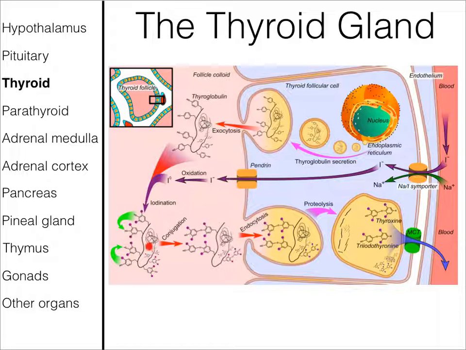You don't need to know all of these steps here, but what you do need to know is that the pre-thyroid hormone is made in the follicular cells, but it matures inside the follicle into true thyroid hormone. Well, actually, that's not quite true.